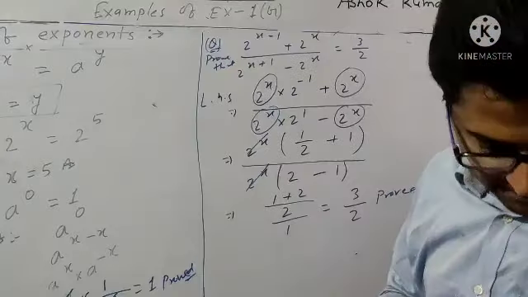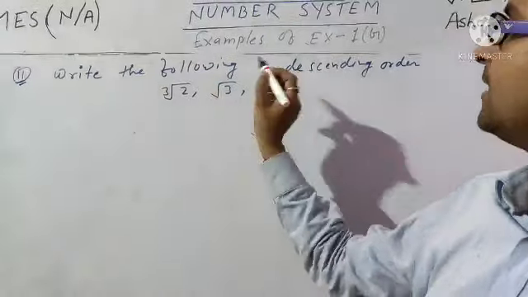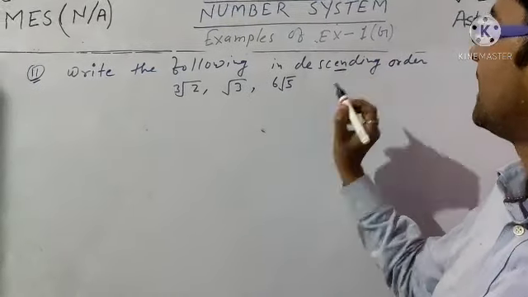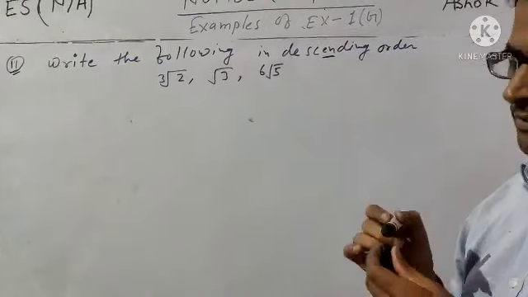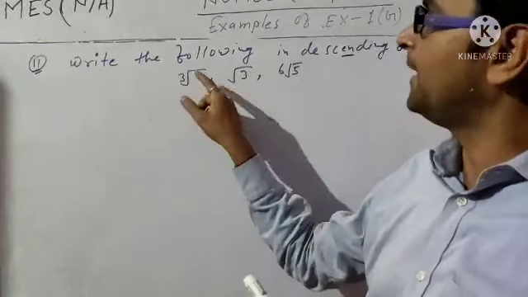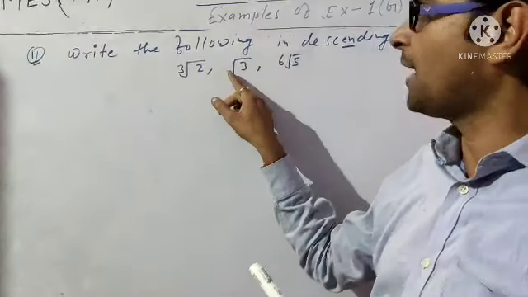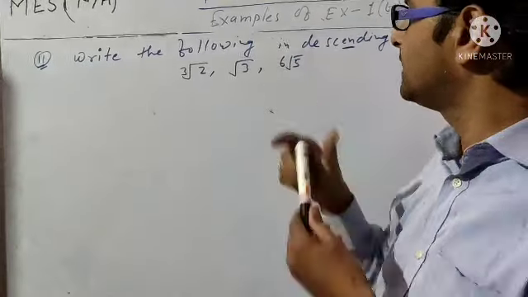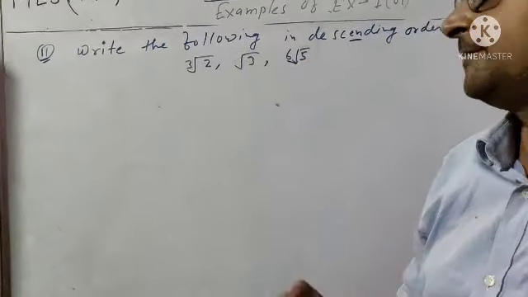The next question is question number 11. Write the following in descending order. That means here, student, bigger to smaller. Arrange these values from bigger to smaller. The values are the cube root of 2, the square root of 3, and the 6th root of 5.